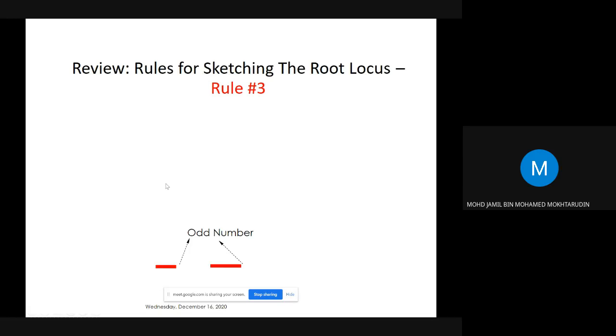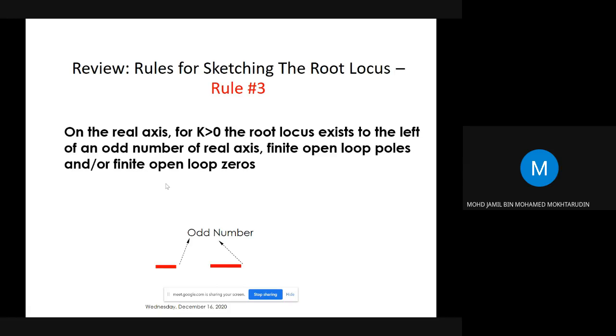And then rule number 3, so on the real axis, for k bigger than 0, the root locus exists to the left of an odd number of real axis finite open loop poles or finite open loop zeros. Okay, so this rule, until now I don't even know what it is trying to say.